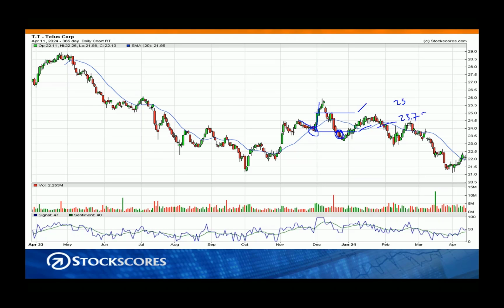Our risk per share is $1.25. So if we buy 100 shares times $1.25 per share in risk, that means we're risking $125 on that trade. And we take that loss right there. We'd probably end up losing, with commissions and slippage, about $150.